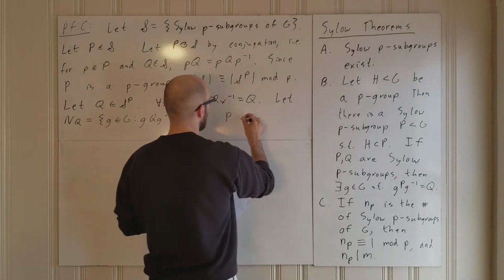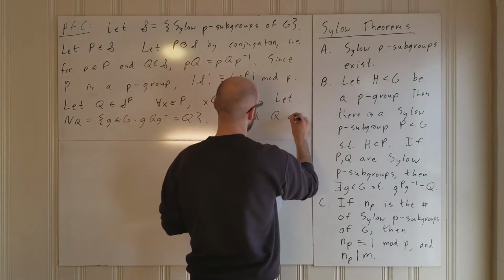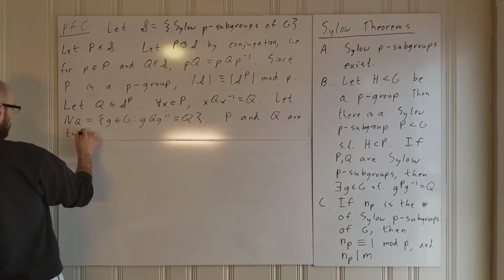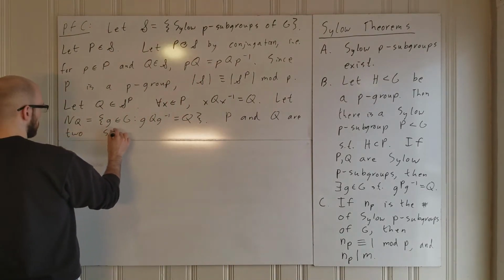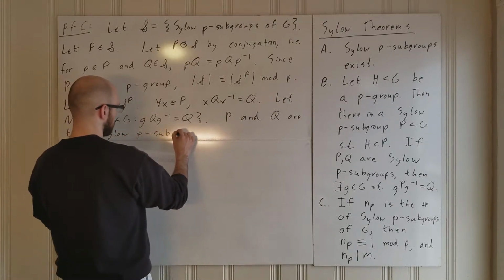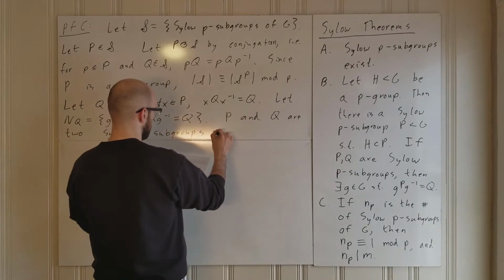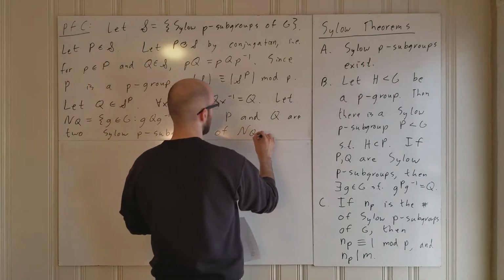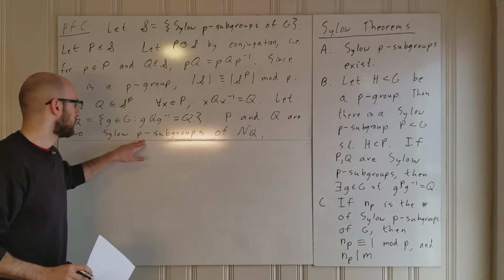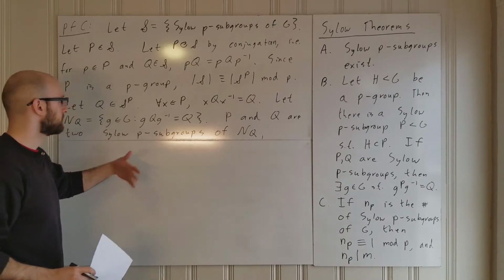So then P and Q are two Sylow p subgroups of N_Q. And why is that? That's because certainly they're both groups of size p to the r.